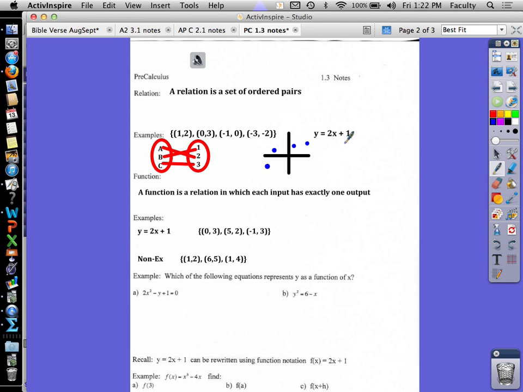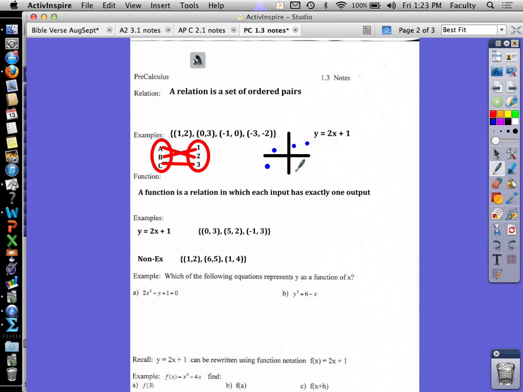The third example is a mapping diagram where I have inputs A, B, C and outputs 1, 2, 3. And then the lines are really saying I have A, 2, B, 1, C, 3. So that's a relation. And then the fourth one is a grid where I have plotted 4 points. They really can be represented as a set of ordered pairs.